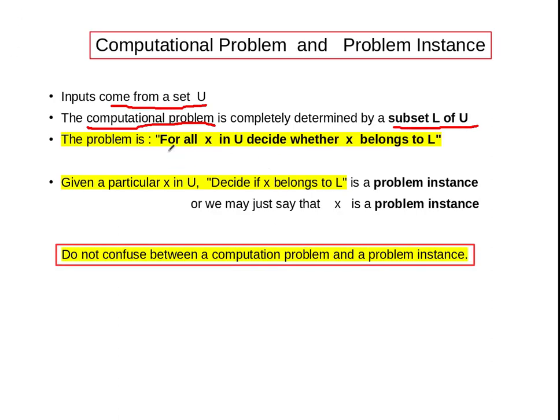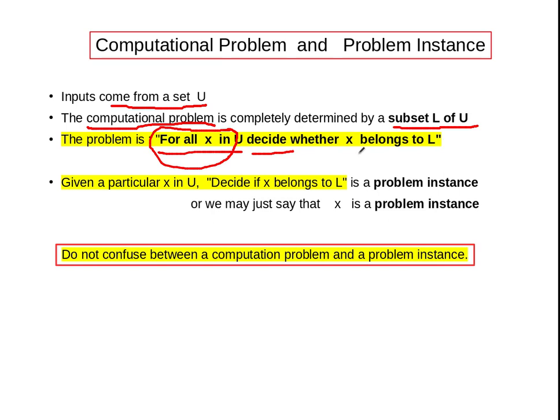And the problem is for all X in U. I'm always mentioning this part: to be a computational problem, you need to solve it for all X in U. And it's a decision problem, so decide whether X belongs to L or not.